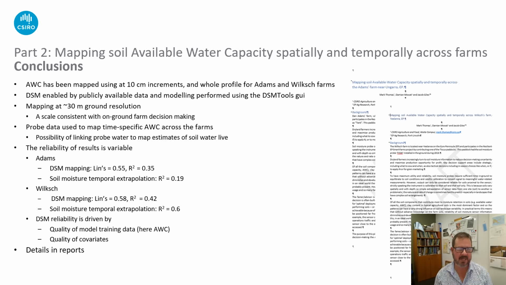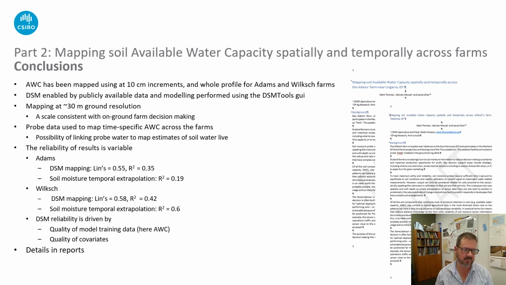We've mapped AWC across the landscape at 30-meter resolution, a scale consistent with helping to make farm decisions. It's not operational, tactical scale, but it's sufficient to get a broad understanding of the moisture dynamics across the farm.